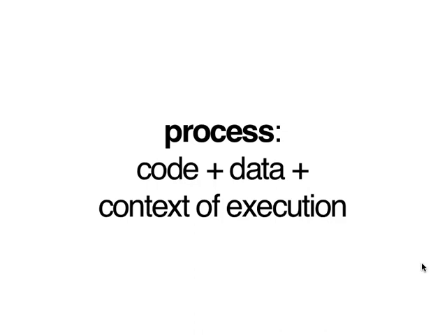The context of execution here means the state of the execution of the process. For example, the program counter: if you execute halfway, you have to suspend, then resume. This is the context of the execution. So a process basically consists of these 3 items.